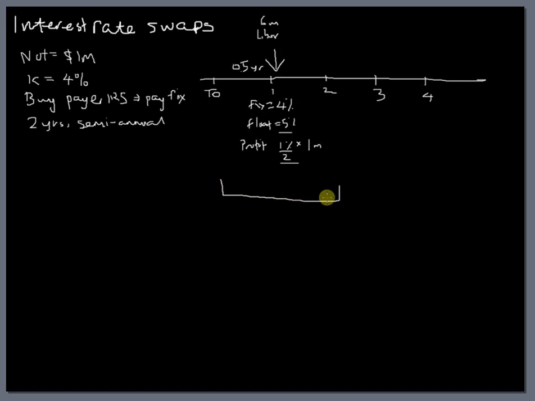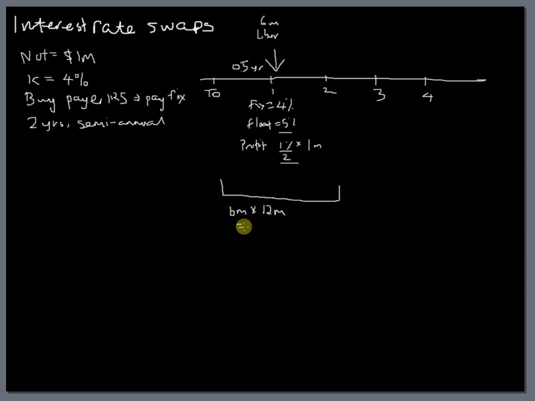So in a way, this is really very similar. In fact, it's the same as how a 6 months by 12 months FRA works. If you just go and refresh your knowledge on FRA, the value of the second payment in period 2 is basically the same as the 6 months by 12 months FRA.